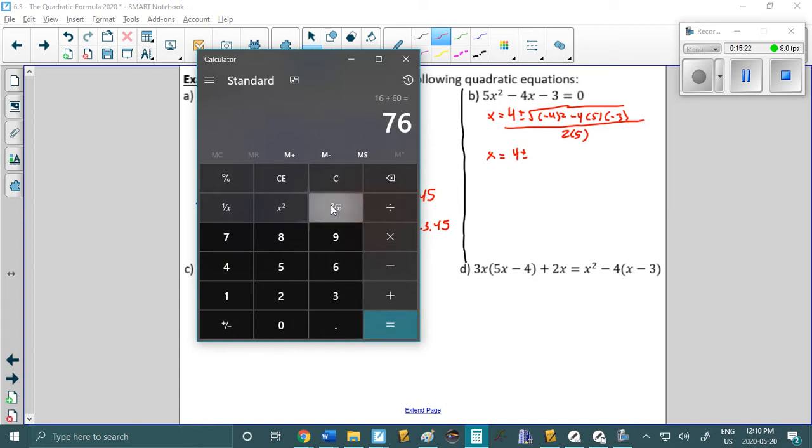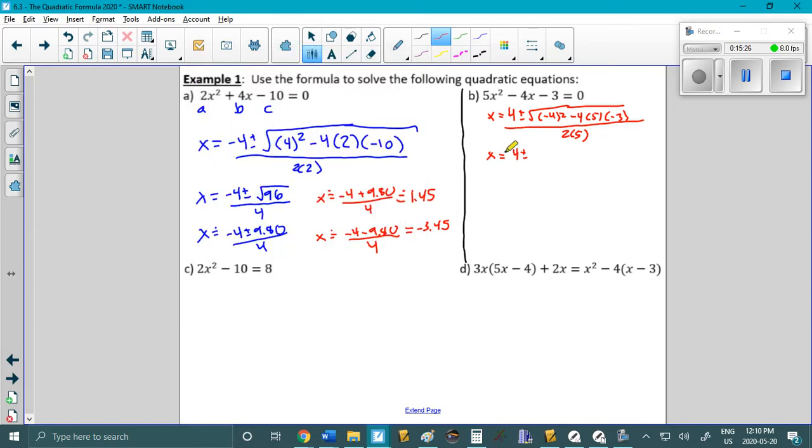And we take the root of 76, 8.72, approximately 8.72 over 10. So x equals approximately 4 plus 8.72 over 10, or 4 minus 8.72 over 10.